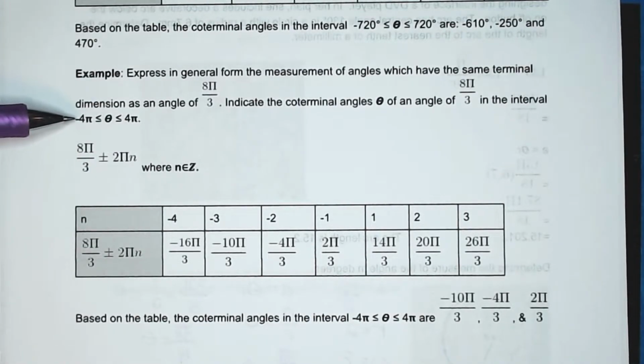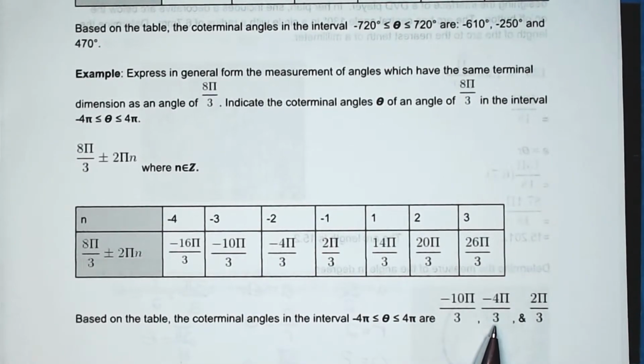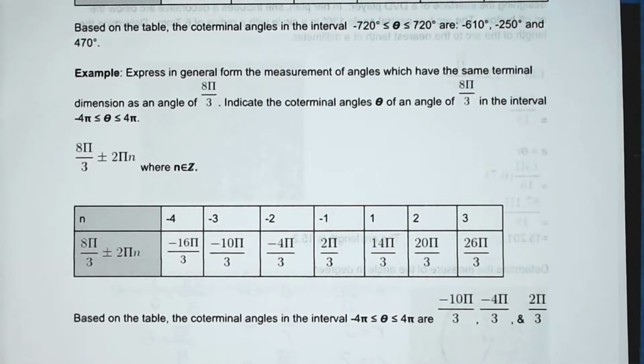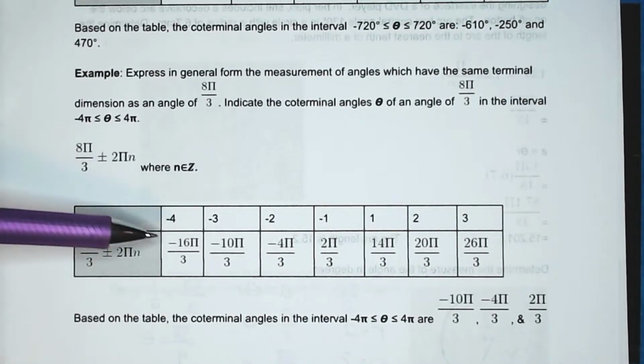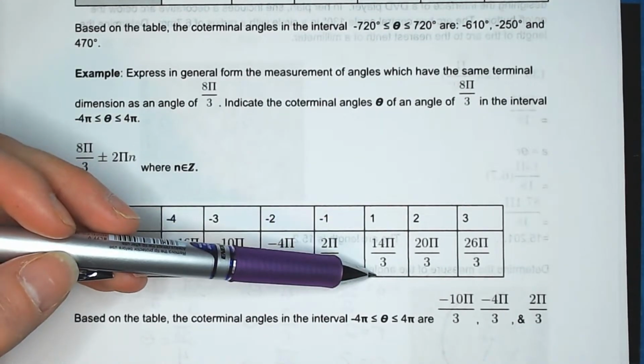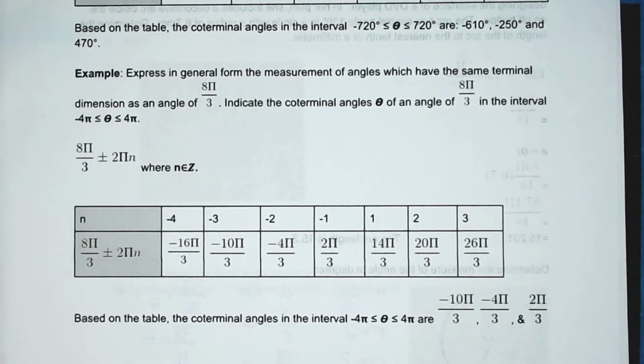Now our interval is negative 4 pi up to positive 4 pi, and so negative 10 pi over 3, negative 4 pi over 3, and positive 2 pi over 3 are all valid answers. Notice that negative 16 pi over 3 is not, and neither is 14 pi over 3, because when you divide the denominator into the numerator, we get a value bigger than 4 pi.